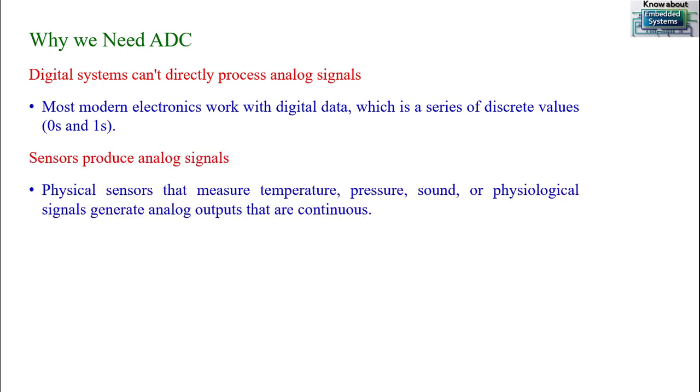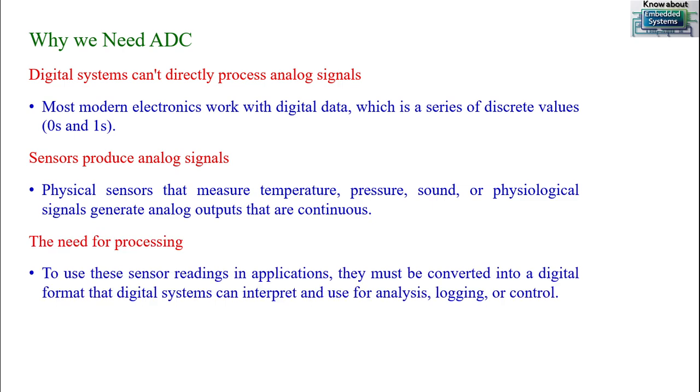Second thing, sensors always produce analog data. Currently in our semiconductors, we have two types of sensors, analog sensors and digital sensors, but most of the time we use analog sensors. Analog sensors will produce analog outputs or analog signals. So that's why we require ADC, and then we need to do some processing. In our embedded system, we're supposed to perform some actions.